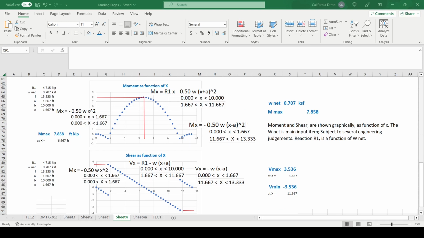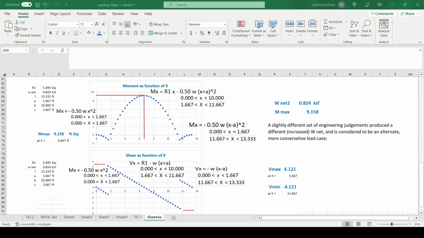Moment and shear are shown graphically as function of X. The W-net is main input item, subject to several engineering judgments. Reaction R1 is a function of W-net. A slightly different set of engineering judgments produced a different, increased, W-net, and is considered to be an alternate, more conservative load case.